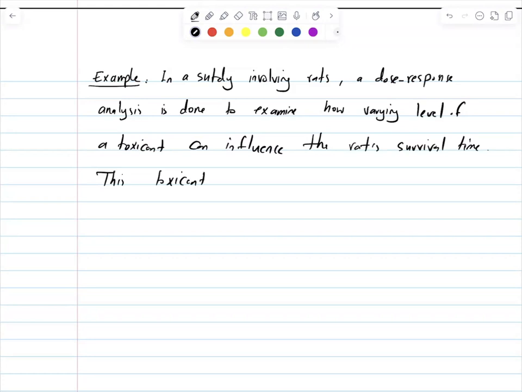This toxicant is commonly released into the air as a byproduct of jet fuel.